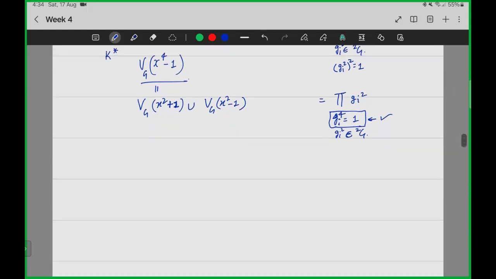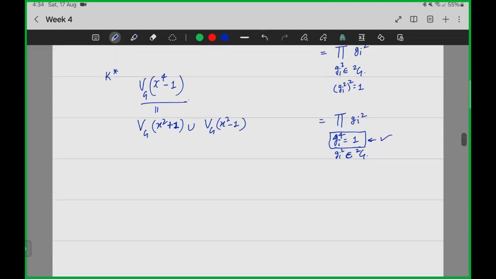You can tell me once more, I forgot what you said. That if gi is equal to 1, then that is one case, and the other case is gi is not equal to 1, but gi raised to 4 is 1, will imply that gi square is minus 1, right?